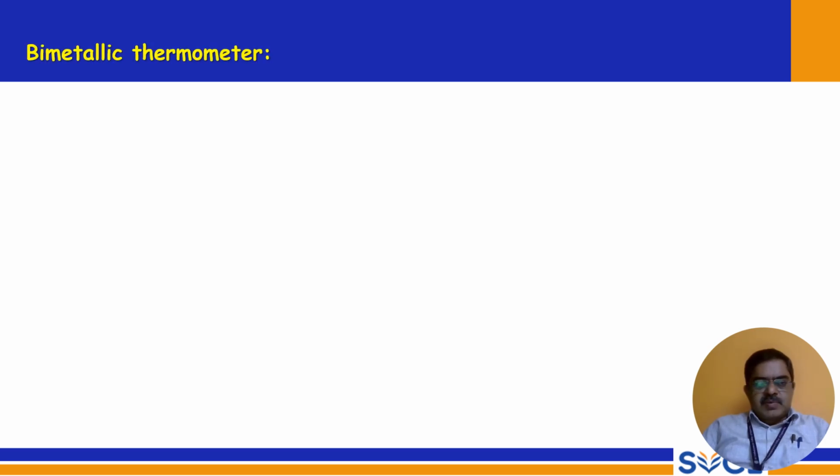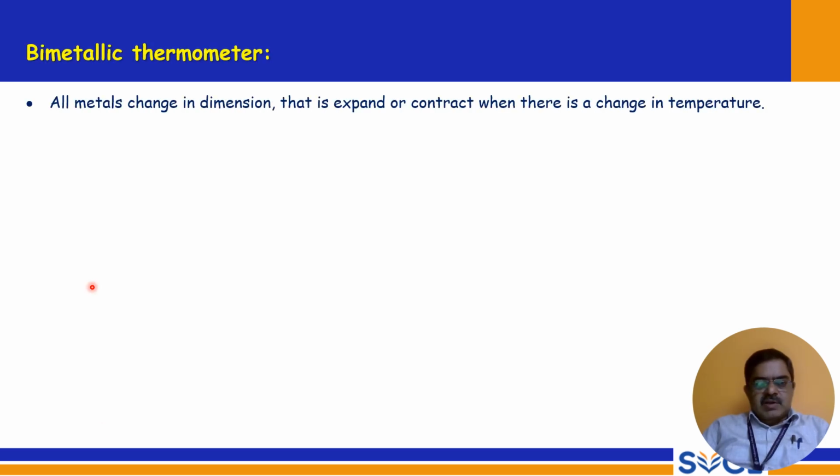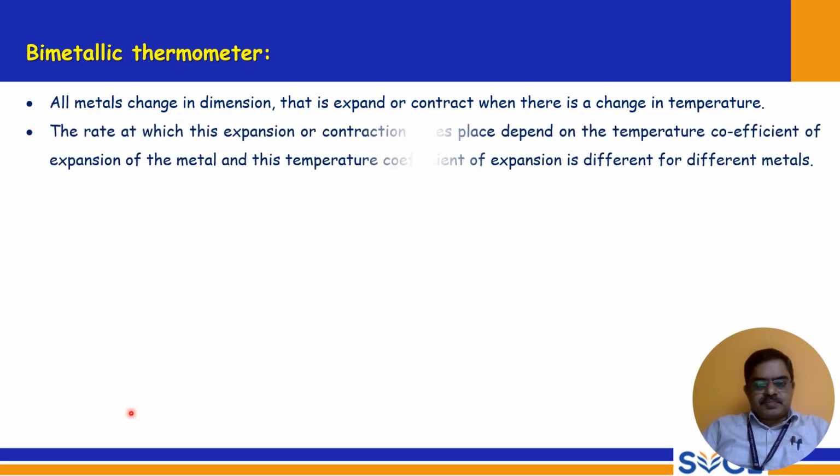So, bimetallic thermometer. All metals change in dimension, that is, expand or contract, when there is a change in temperature. The rate at which the expansion or contraction takes place depends on the temperature coefficient of expansion of the metal, and this coefficient is different for different metals.